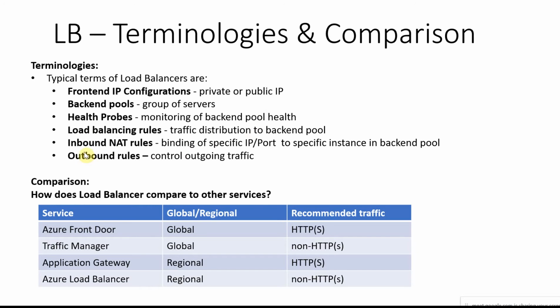Then the inbound NAT rule is binding a specific IP or port to a specific instance in the backend pool. So it will have some rules specific to the load balancer and inbound traffic, which is a combination of IP and port, and also the outbound rules, which control the outgoing traffic.